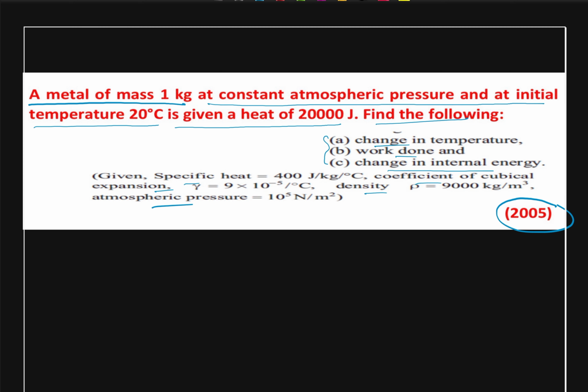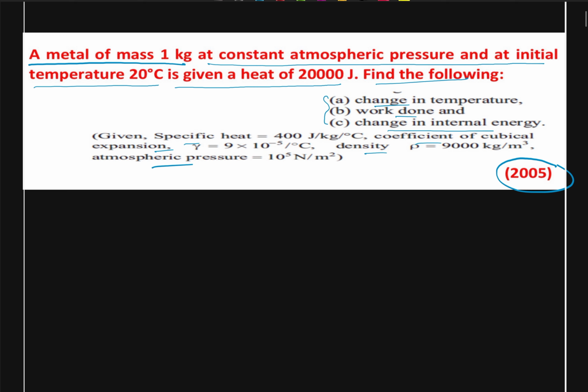First of all, in part A, these three parts A, B and C are directly related to the formula itself. The first one is the change in temperature at constant atmospheric pressure.